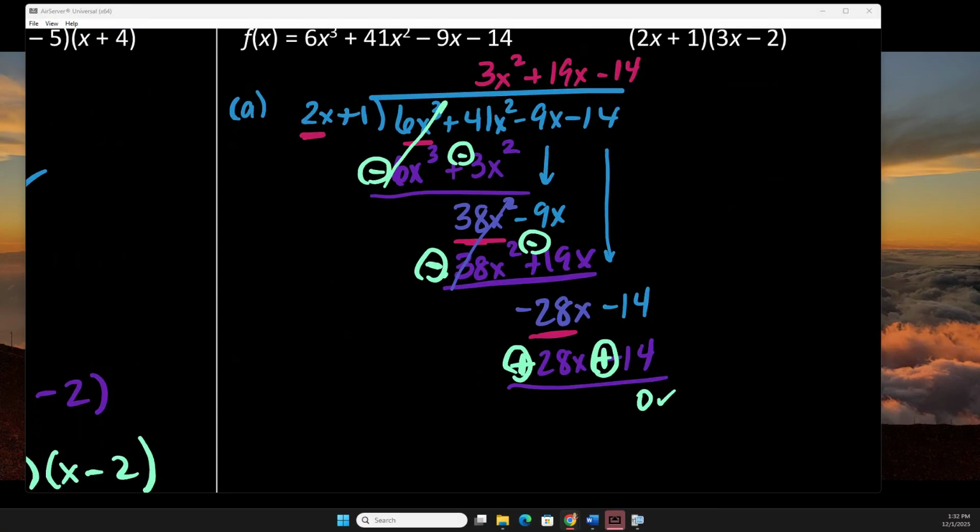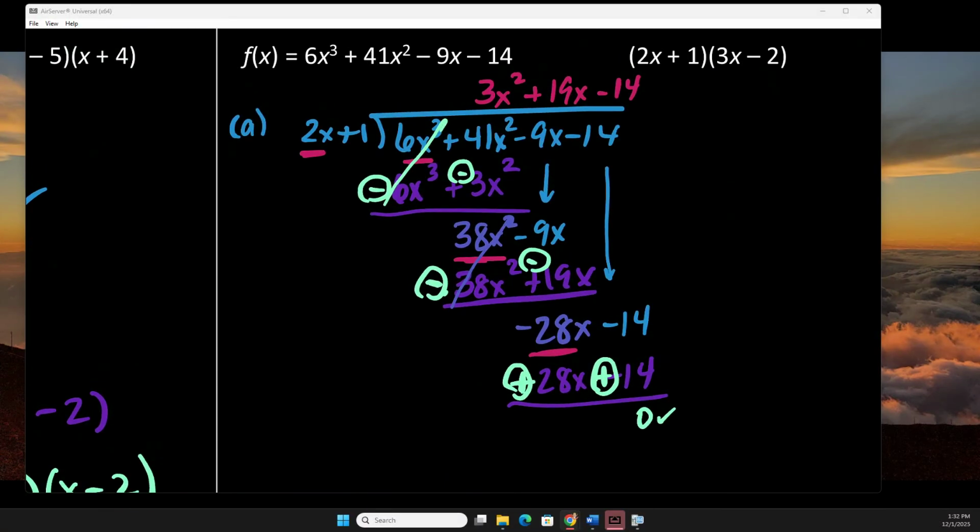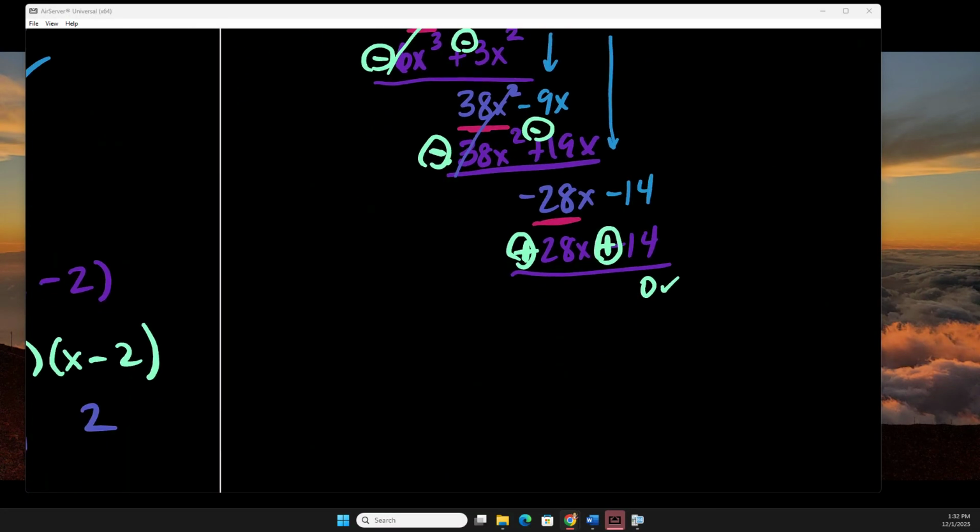Alright, we have another one to check. We need to check 3x minus 2. And I'm going to do the shorter version. So I'm going to take the 3x minus 2 and divide it into this right here. It'll save us a little bit of time.